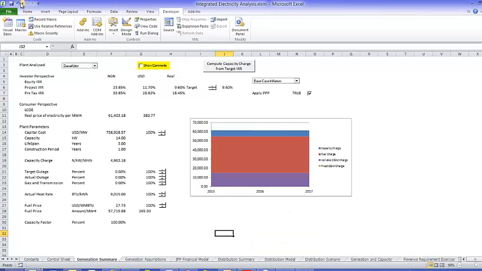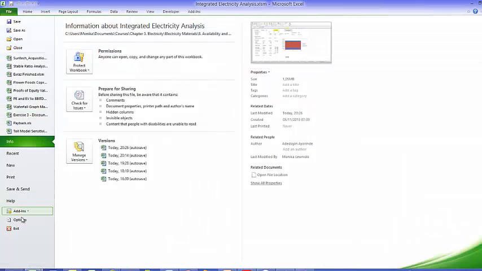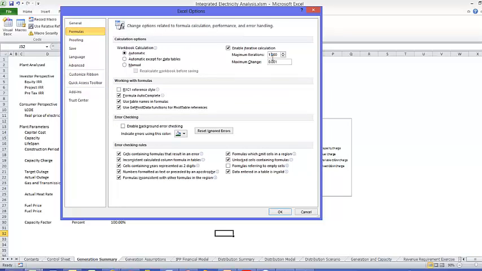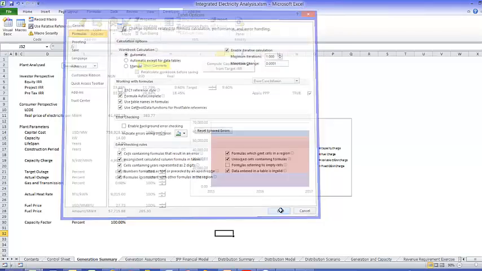Okay, the reason the goal-seek wasn't working, that was a good little check. We have to go to the formulas, and look at this. Let's add an element of precision.